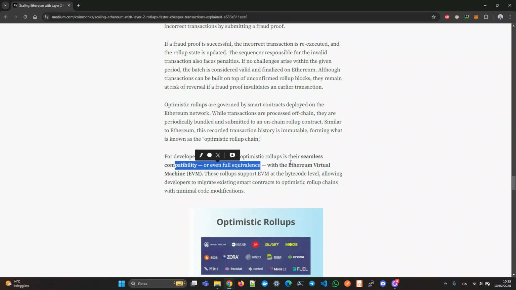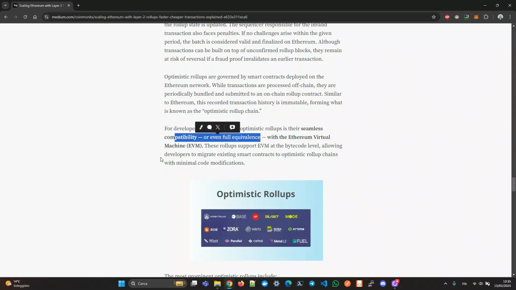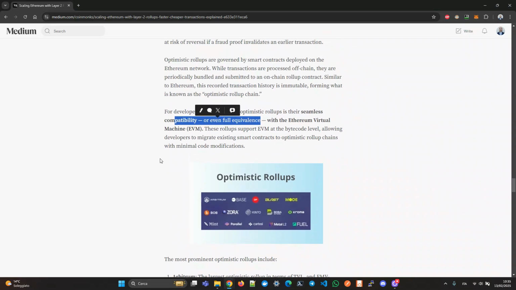This means that the smart contracts that we have developed, for example, on Ethereum layer 1 in Solidity, we could deploy the same smart contracts on a layer 2. And this is important because the smart contracts on layer 1 have been audited, and so they are much more secure than smart contracts that have been less tested on a layer 2.